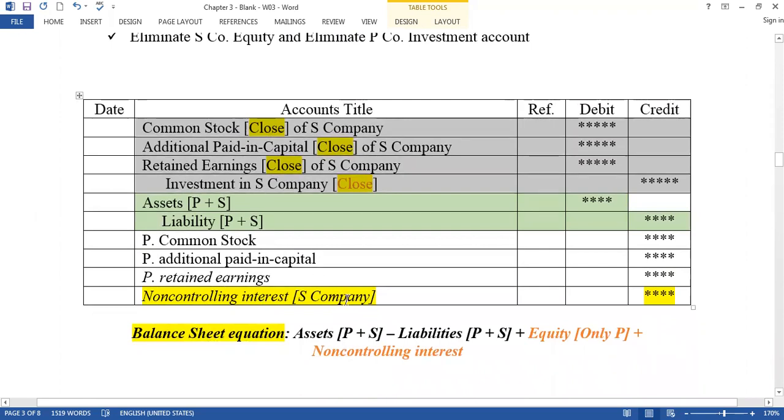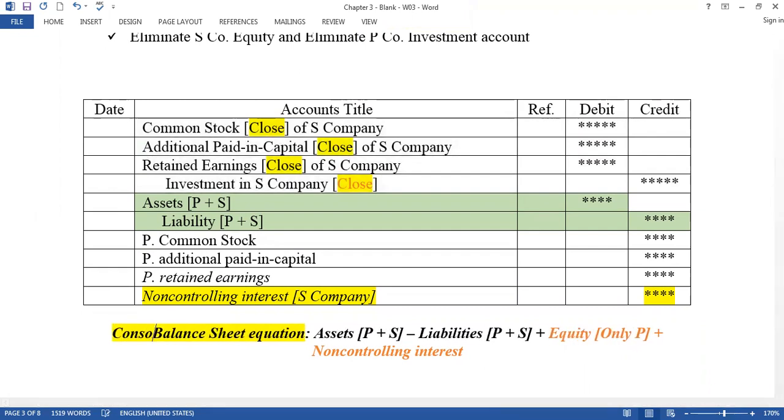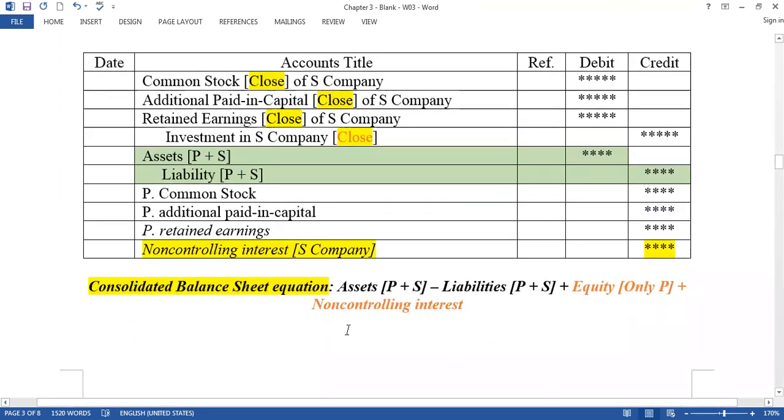And as we are going to talk about the consolidated balance sheet, you know that these are the elements of a balance sheet. A balance sheet should have asset, liability, and equity. So these are the three sections.